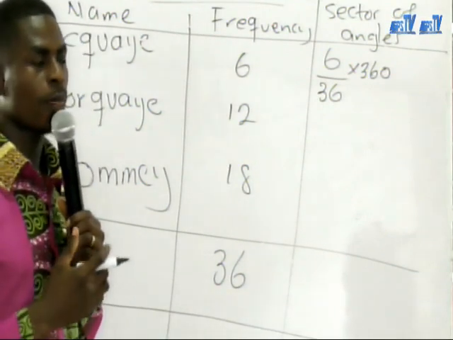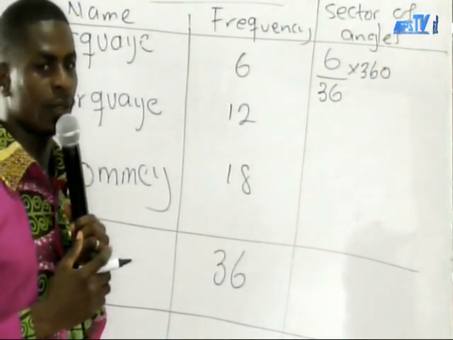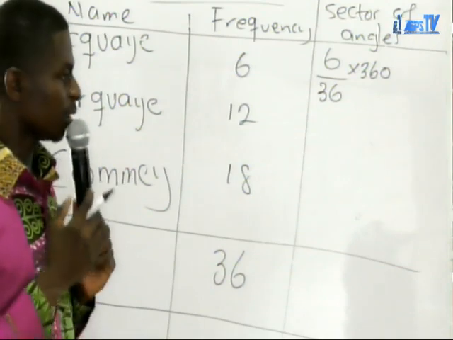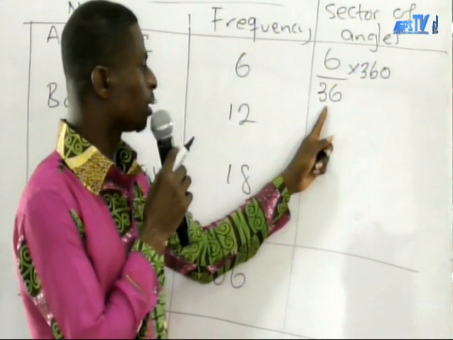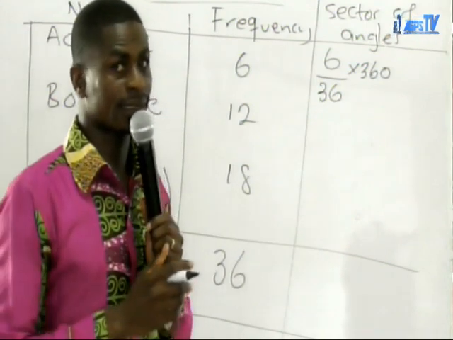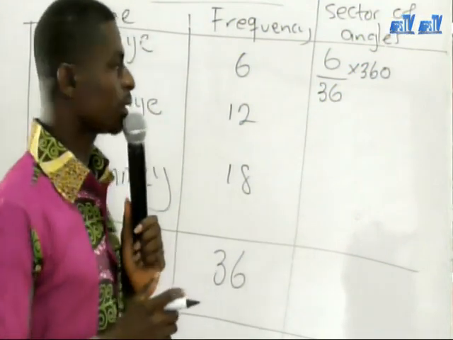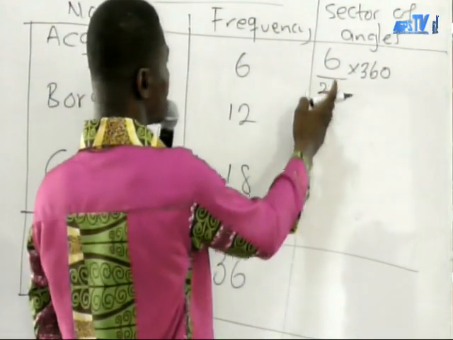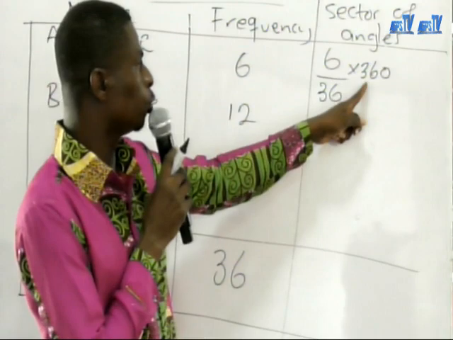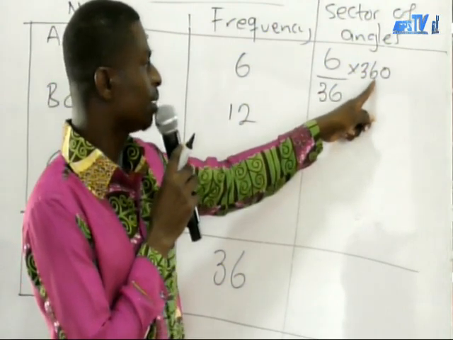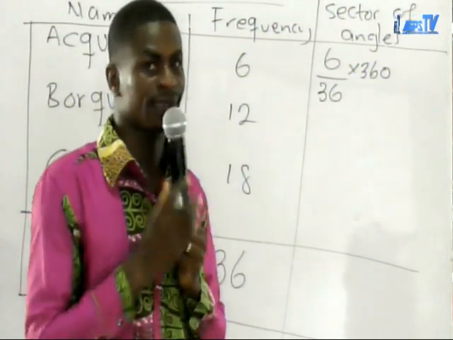Then for multiplication, we can do some cancellations. So from here, 6 goes into 36, 6. Then 6 can also go into 360, 60.